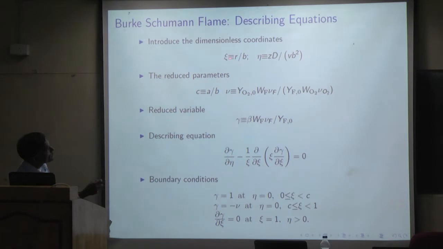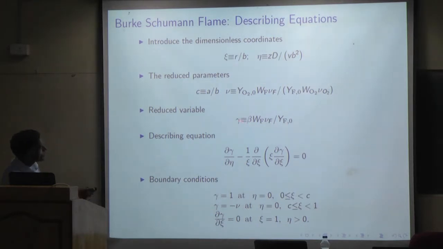So these are the two non-dimensional variables. We define a reduced parameter c, which is the ratio of a over b, and this is the stoichiometric coefficient nu. Again, nu, c, and all these things are known. And you define a reduced dependent variable, gamma, which is related to beta in this form.